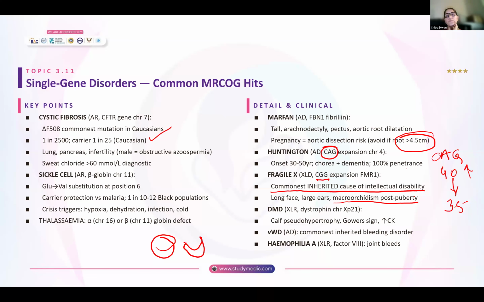Duchenne's muscular dystrophy, again, it is X-linked recessive. There is a fault in dystrophin on the X chromosome. So there is calf pseudohypertrophy. Gower's sign is positive and the levels of creatine kinase are increased. So Gower's sign is because there is weakness in the muscles, especially weakness of the calf muscles.